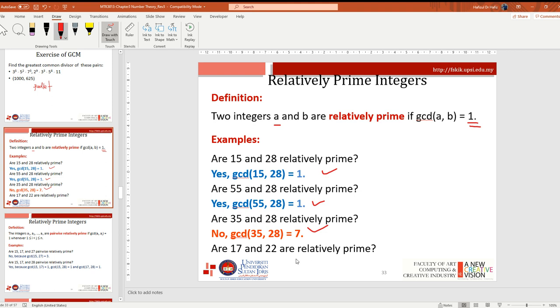The answer is yes, because the GCD of 17 and 22 is equivalent to 1. Relatively prime, yes. The answer is yes.